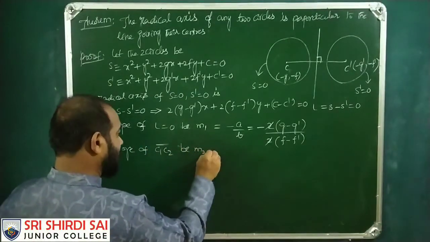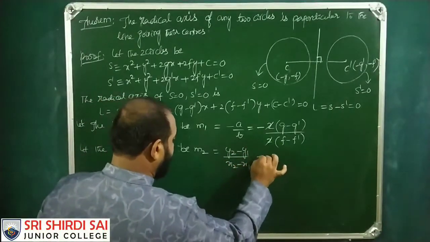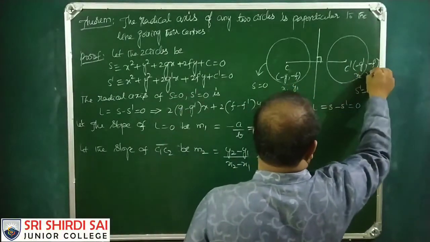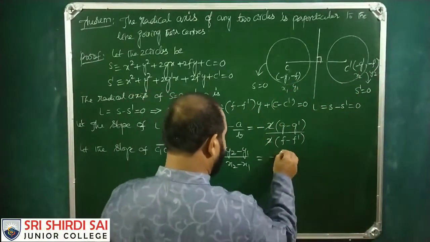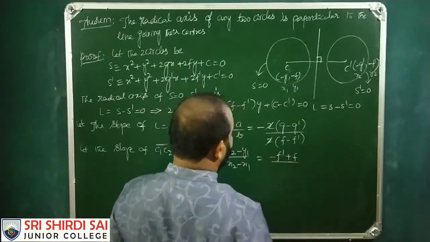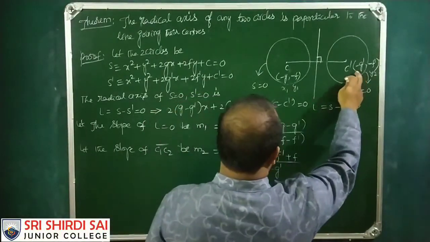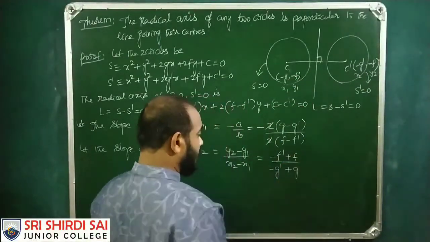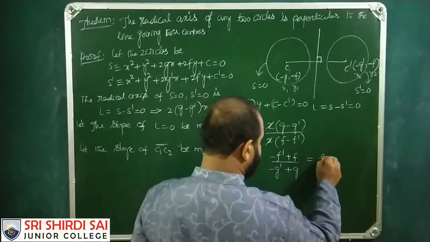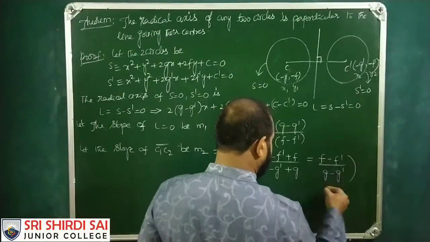I will take this as y2 minus y1 by x2 minus x1. So this is x1 y1 and this is x2 y2. So minus f dash minus of minus plus f by x2 minus x1, minus g dash plus g. So this is equals to (f minus f dash) by (g minus g dash).